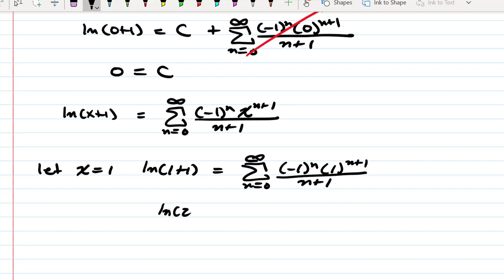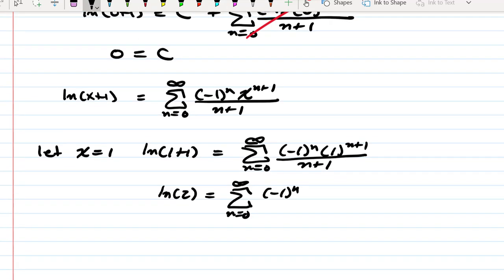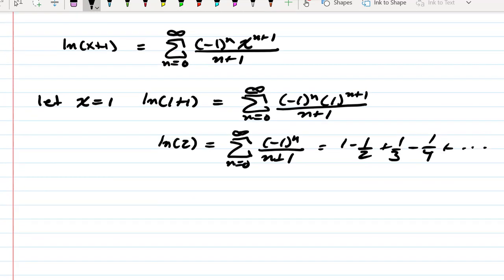So simplifying, that's the natural logarithm of 2 is equal to negative 1 to the n, 1 to any power is 1, all over n plus 1. Well, this is 1 minus a half plus a third minus a fourth plus dot dot dot. That's the alternating harmonic series.